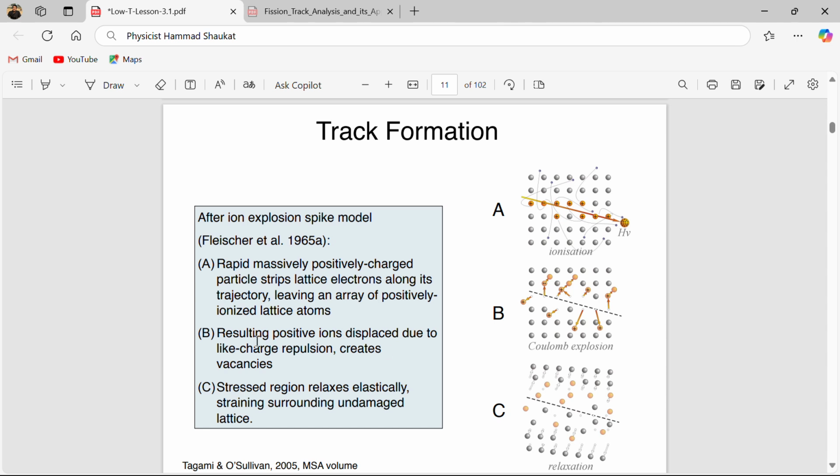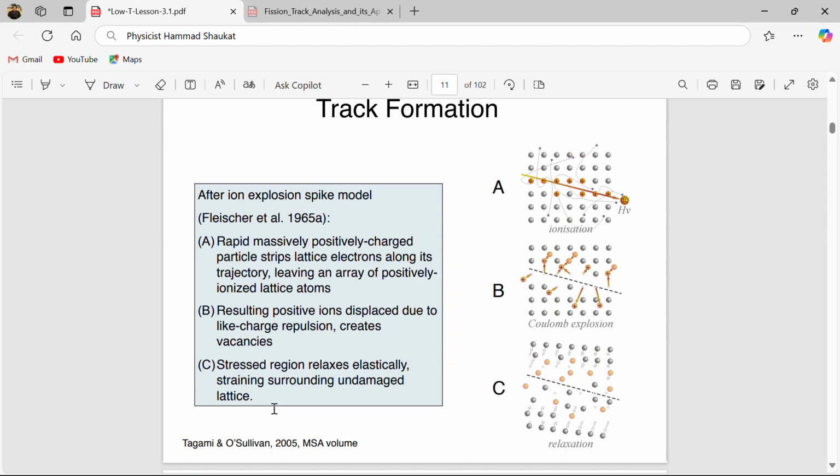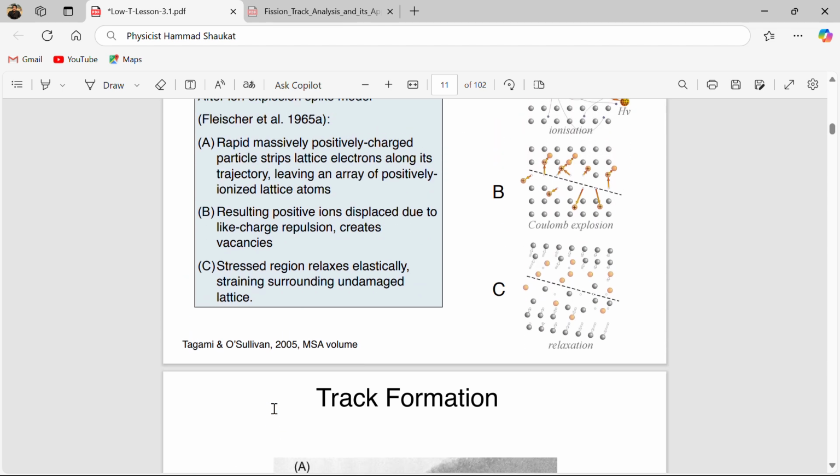The resulting positive ions dissipate due to the repulsion of like charges, as I mentioned before, and thus create vacancies for new atoms. The stressed region is released, elastically straining the surrounding undamaged lattice. Due to the vacancy generated, the stressed region relaxes the elastic strain in the surrounding undamaged lattice. This stage is called relaxation.